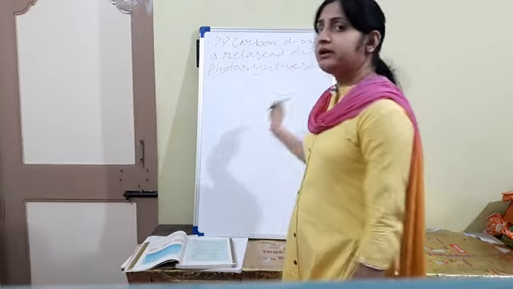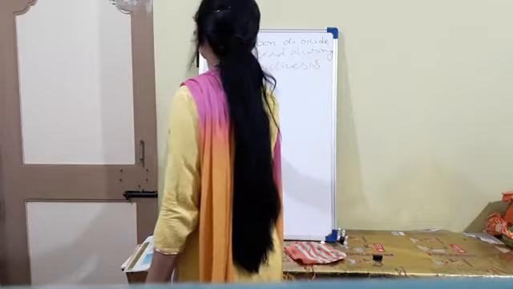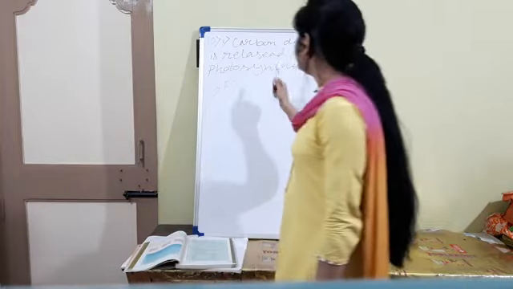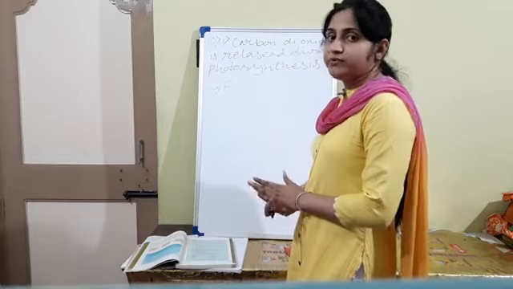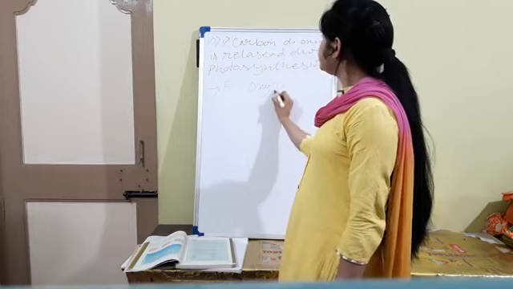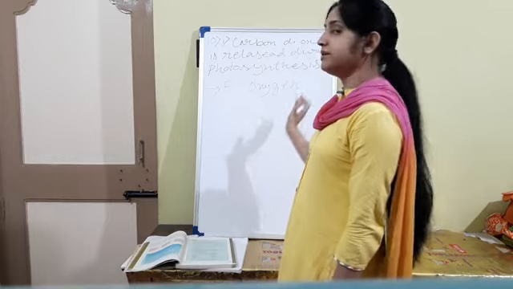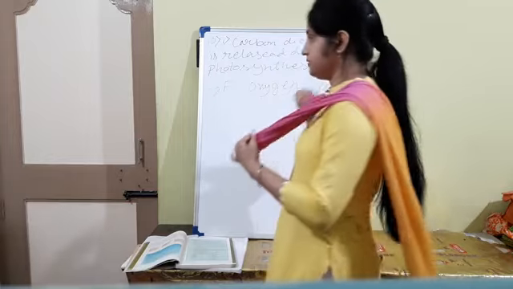So, is it right or wrong? This is wrong. That means false. Because carbon dioxide is not released. Carbon dioxide is taken during photosynthesis, and the right answer will be oxygen is released during photosynthesis, or carbon dioxide is taken during the photosynthesis.